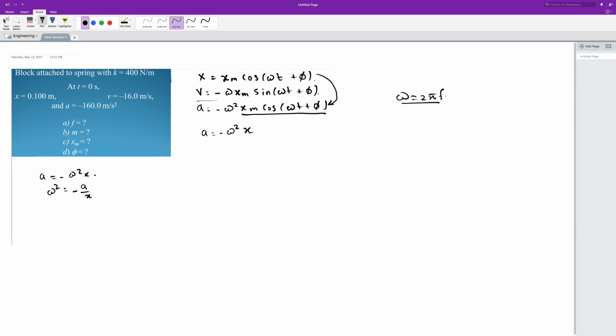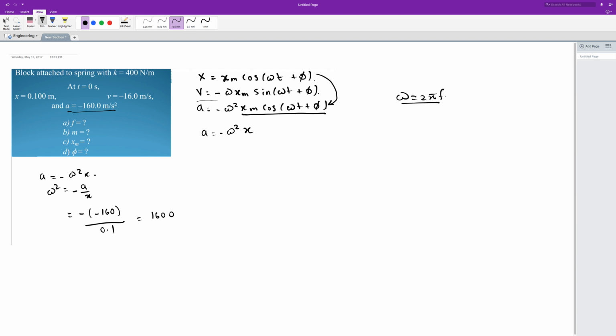Now if I find the value, acceleration is provided right here, that's minus 160, over the displacement, that's 0.1, and if I divide this, that's going to be positive 1600. So we have omega square is equal to 1600.